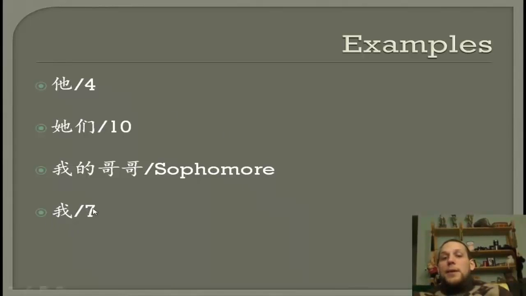Finally, last example. Let's say I'm in 7th grade. So where would that put me in Chinese education? 很好. That would put me in the first year of middle school. So that's 初一.